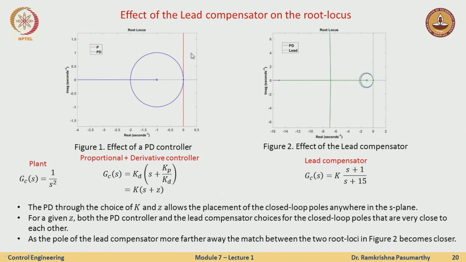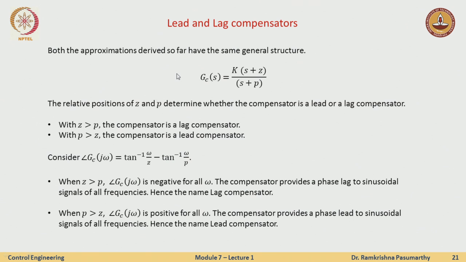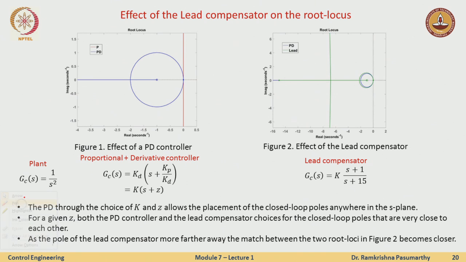So, the poles for a certain gain which were at this location have now become somewhere here, approximately. So, through this PD control and a smart choice of k and z, I can place my poles anywhere on this circle. The circle could be different for different kinds of systems.